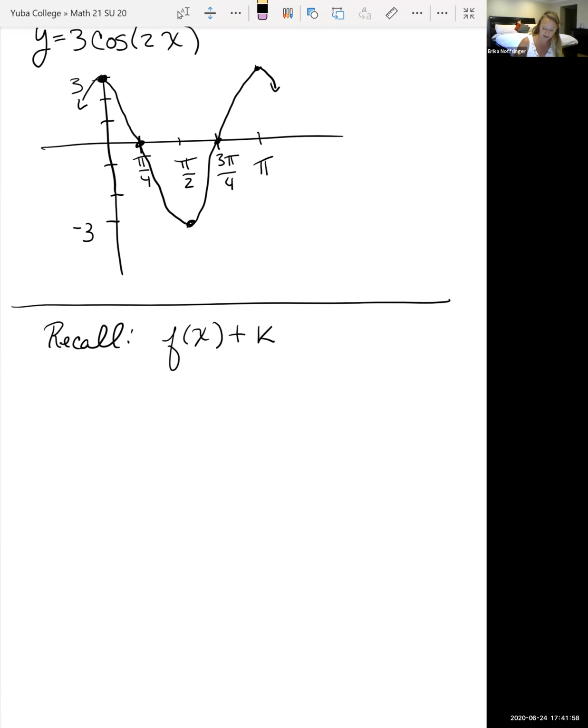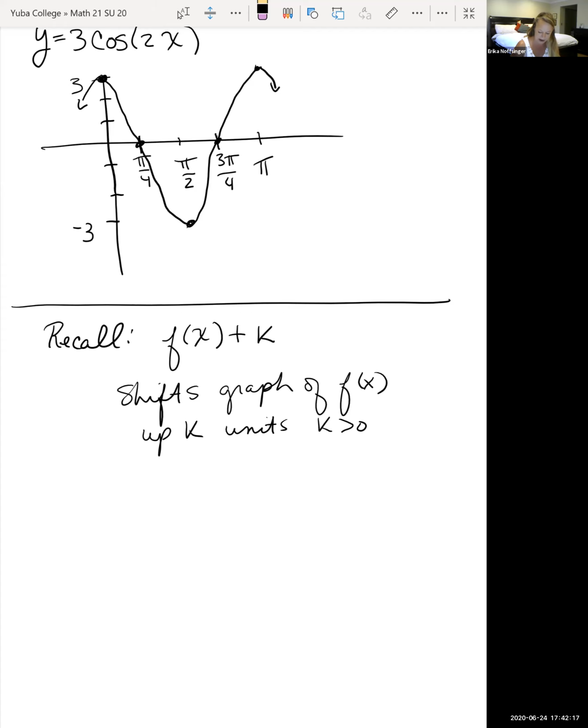That plus k, that constant, this shifts the graph of f of x up k units if k is bigger than 0, and down k units if k is less than 0. So if you subtract a number from your function, we're going to shift everything down that number of units.